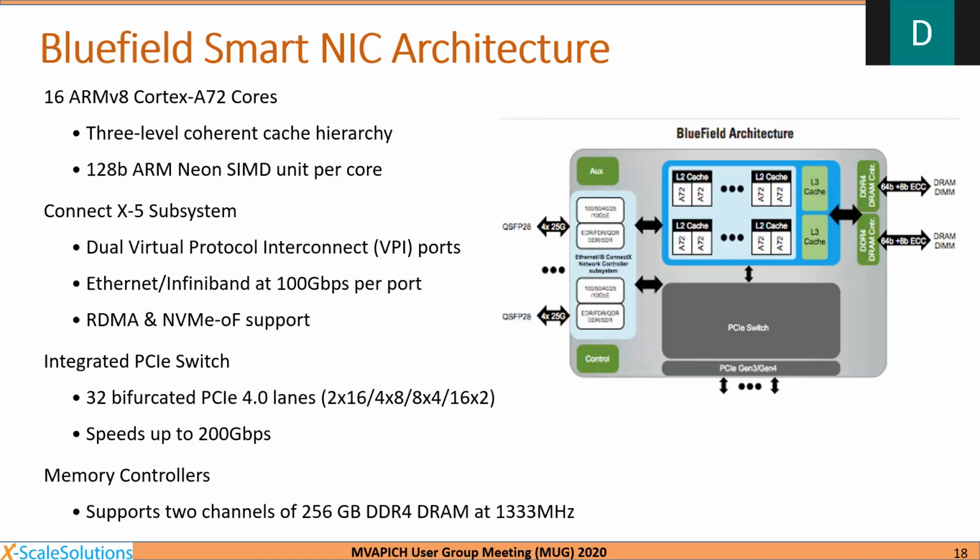To give a high-level overview of what the Bluefield is capable of, this is the overall architecture. I'll just highlight a few things. First, it includes a group of ARM cores, and for this generation of the Bluefield, it has 16 ARM cores. The ARM core is relatively powerful in the sense that it also supports a NEON SIMD unit and provides a coherent cache.